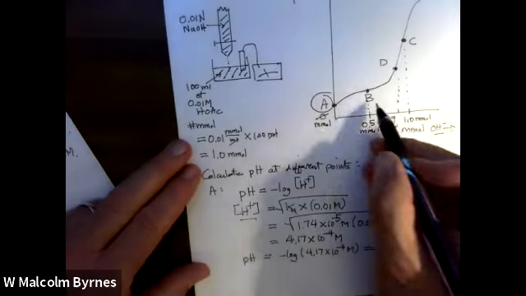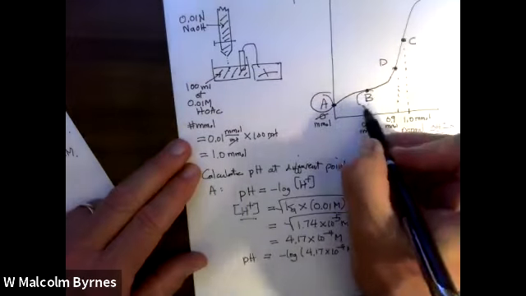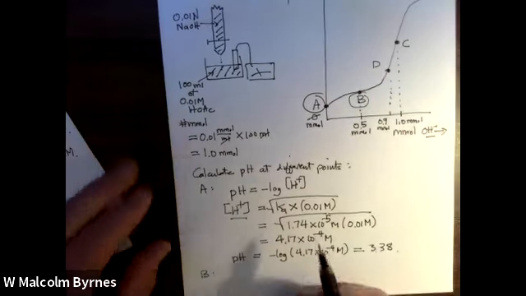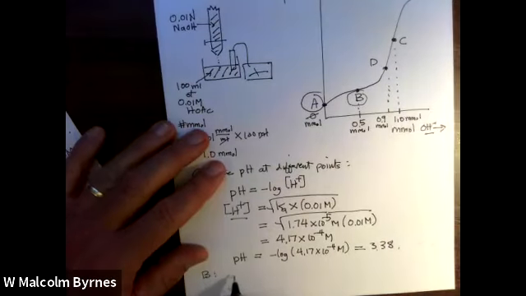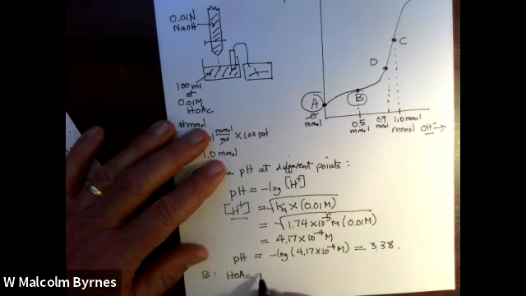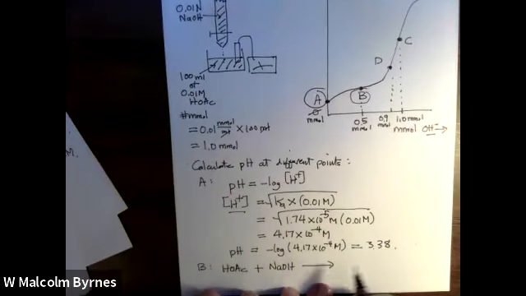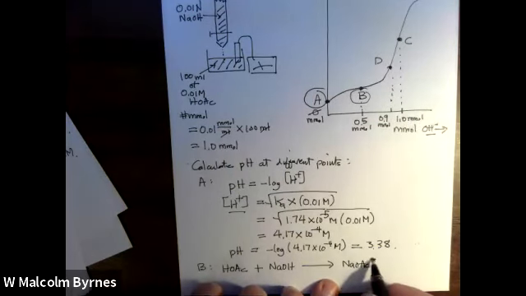Now let's move on to the second point, point B. It's going to be very straightforward, because here's what's going on. We've added sodium hydroxide now, and this reaction occurs, and we get sodium acetate plus water.